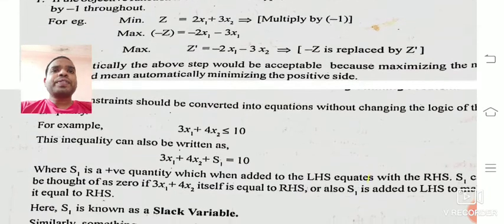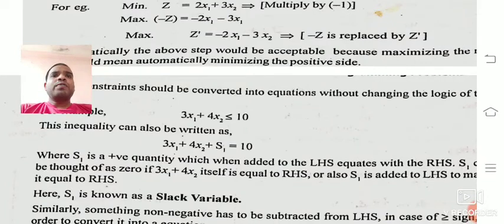Here s1 is a positive quantity which, when added to the LHS, equates it with the RHS. We add s1 to the LHS when converting inequalities into equations, and that s1 we call a slack variable.